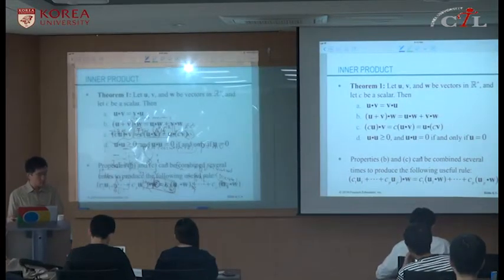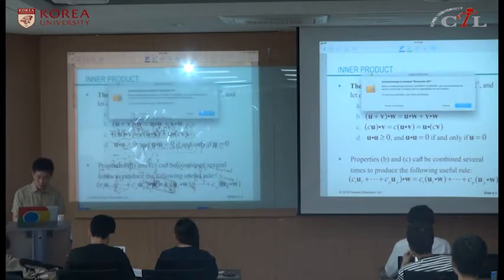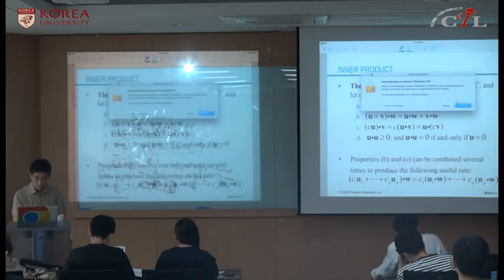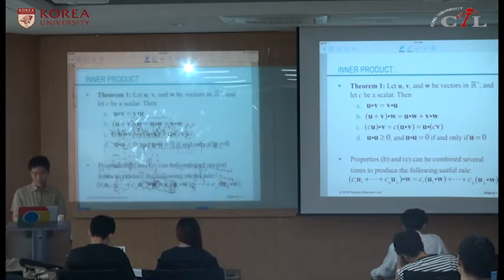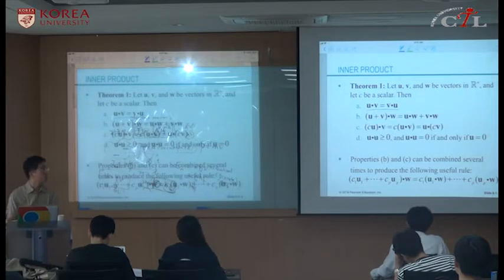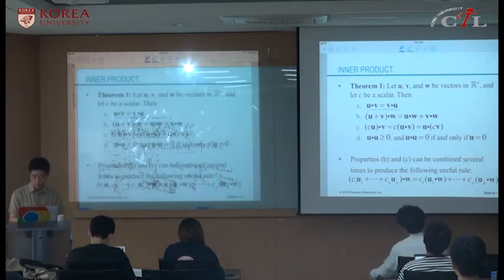Let's look at some properties of this inner product. This inner product satisfies the commutative law, so if we change the order between these two vectors, they are the same.